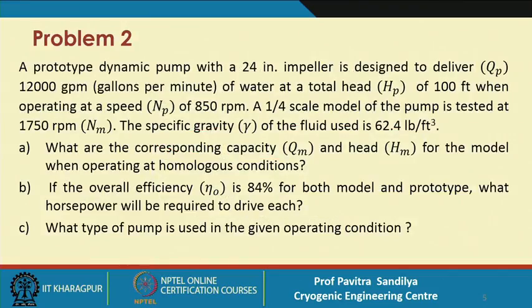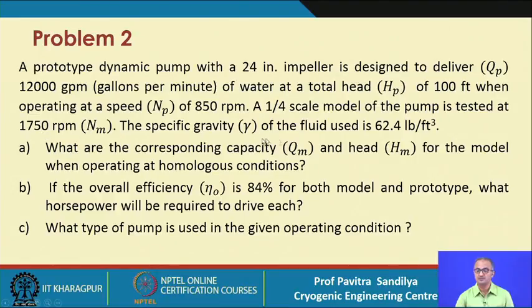Next, we come to another problem. In this, we have a prototype dynamic pump with an impeller diameter of 24 inches, which is designed to deliver 12,000 gallons per minute of water at a total head of 100 feet, and the operating speed is 850 rpm. Then a 1/4 scale model is tested at a higher rpm, so the rpm has now increased.